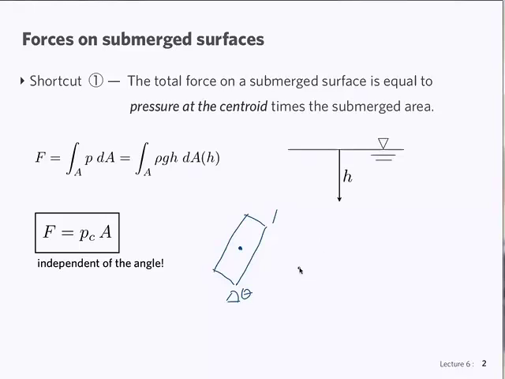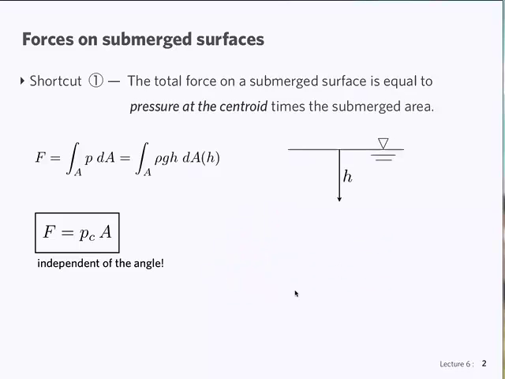Or if the surface is almost horizontal, with a very small angle, it doesn't matter. It does not depend on the angle. It only depends on the depth of the centroid, the pressure there, multiplied by the area, and that gives the resultant force. Okay, so we'll do an example later on so you can see how this works.